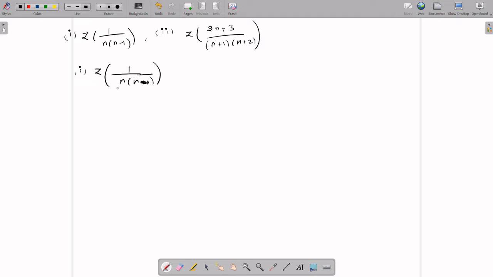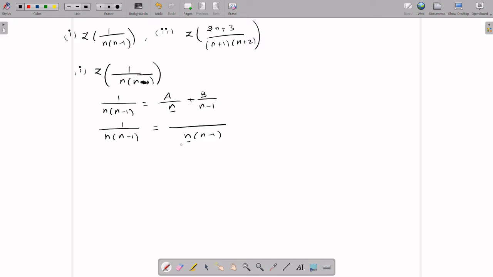Before applying Z transform, first you have to consider this function alone and split it into partial fractions. So a by n plus b by n minus 1, and the denominator on the other side is 1 by n into n minus 1. Compare these two.